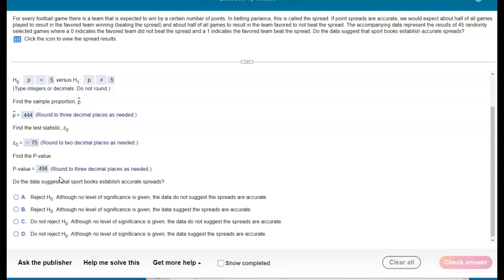In order to reject the null hypothesis, the p-value has to be less than or equal to the level of significance. As I said when we did the test, no level of significance was provided, but it's normally 0.05 or 0.1, something that's a very small probability of occurring.